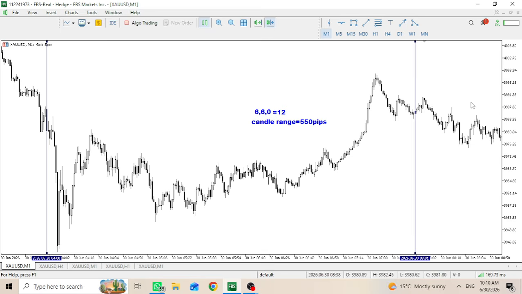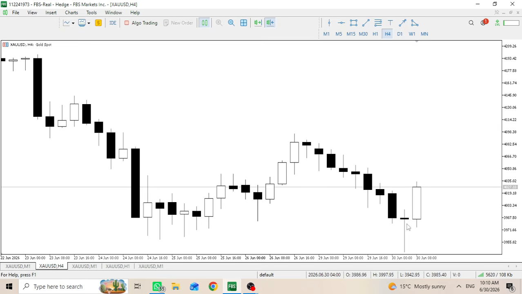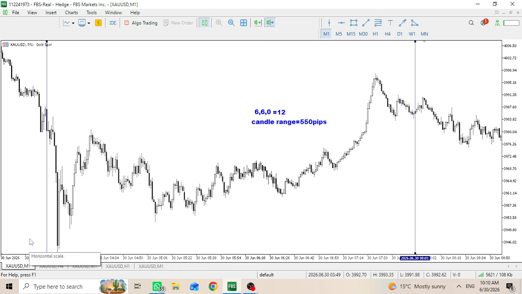If I take this high, that is 3997.95 minus 3942.95, I'm getting 55. So if I'm getting 55, you can say from here to here is 55 pips. Why? Gold moves with high volatility, so its volatility is divided by 10.